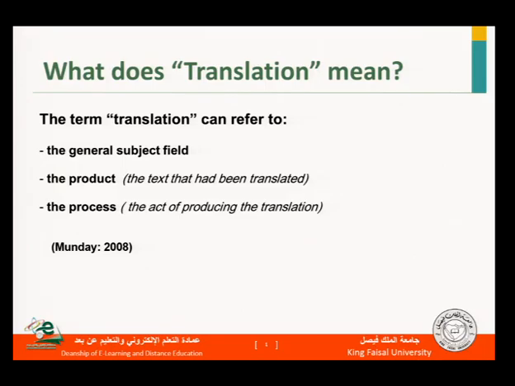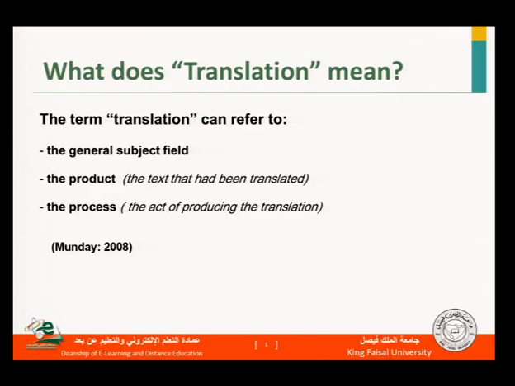So this text, which is translated into English, is the product that Jeremy Munday talks about as a translation. So he just wanted to show us what this term may refer to as a translation term.